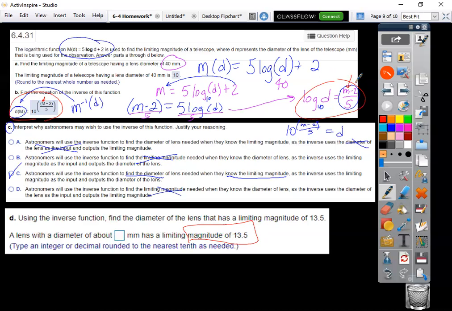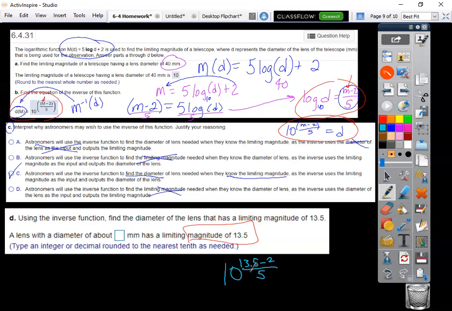Oh wait, that's not my final answer. My final answer is right here. So I've got my 10 to the power of M, and they said it was 13.5 minus my 2 all over the 5.